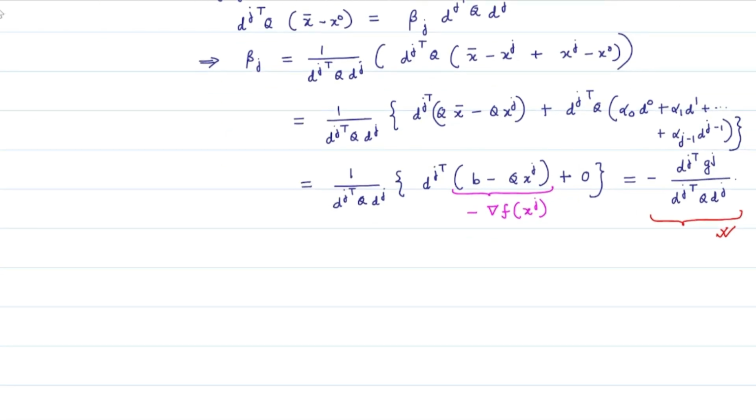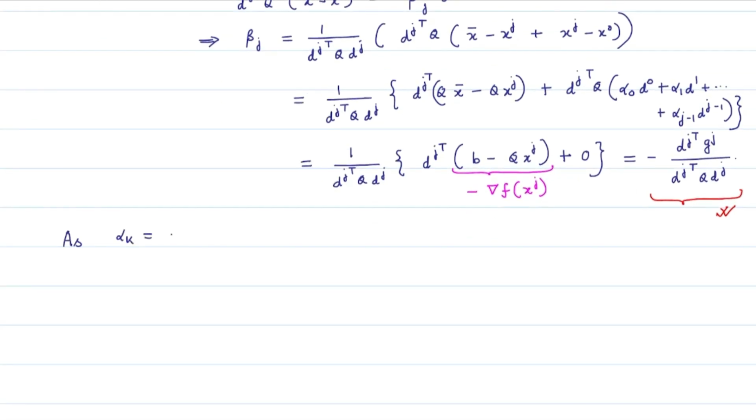So we write here that, that is exactly what we wanted to prove, and hence the conjugate direction method has the quadratic termination property.